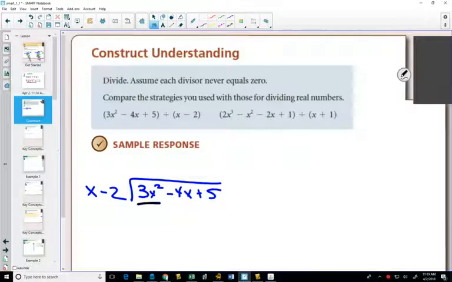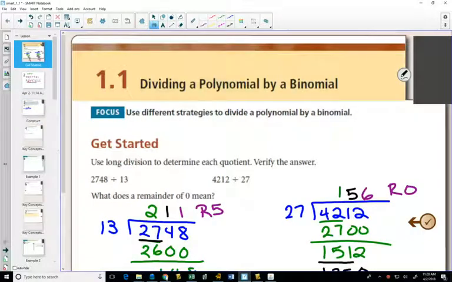And there is. If I wanted to get a 3x squared by multiplying something by x minus 2, I would have to multiply by 3x. Can you see that if you multiplied 3x by x minus 2, you would get a 3x squared? And so what we do is we write 3x up here, and we write it above our x column, just like in our numbers, we wrote the 2 over our hundreds column because we were really writing 200.